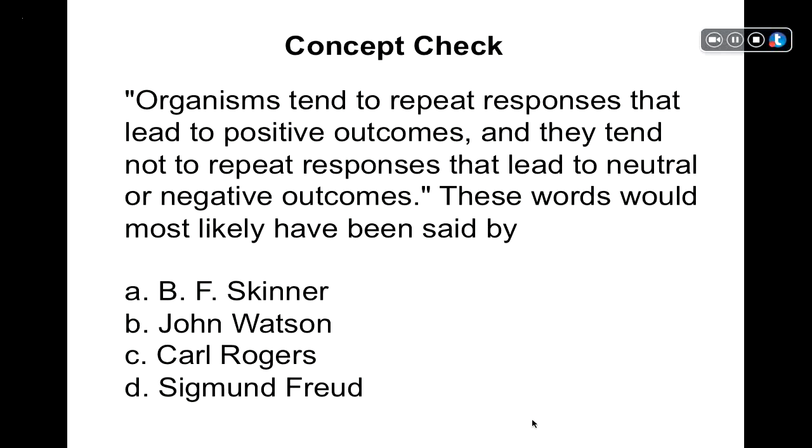So, concept check here. Organisms tend to repeat responses that lead to positive outcomes, and they tend not to repeat responses that lead to neutral or negative outcomes. These words would most likely have been said by A. B. F. Skinner, B. John Watson, C. Carl Rogers, D. Sigmund Freud.